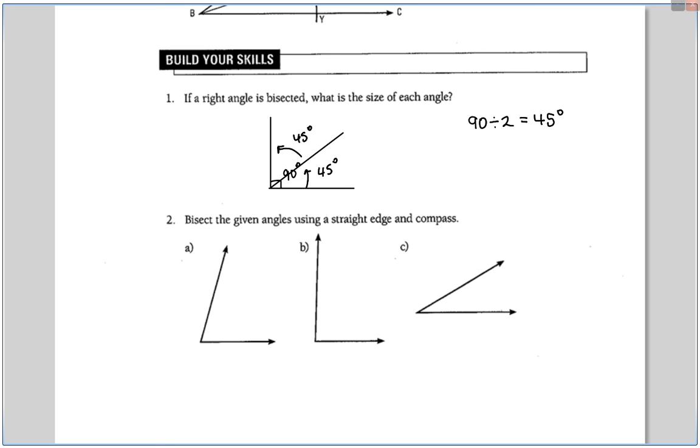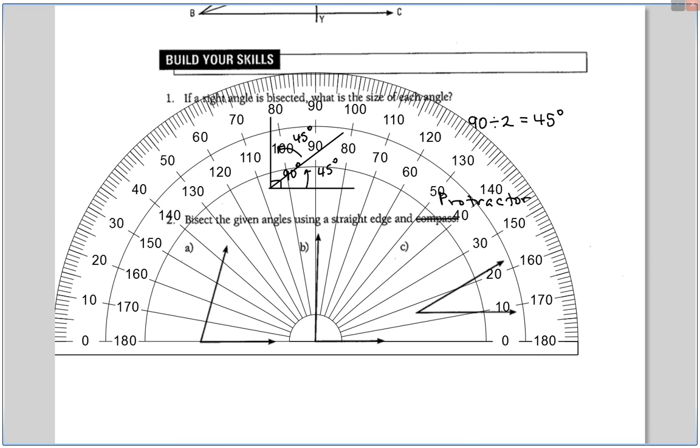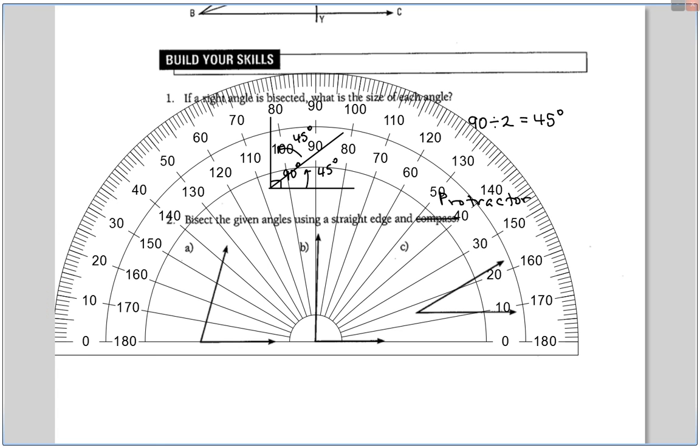So they want you to bisect the given angles using a straight edge and compass, so you can just use a straight edge and protractor. I'll do the first one for you. I did it on the previous page as well. So I'll do this one in the middle. So you can see that the protractor is saying that it's just before 90, so probably like 89.